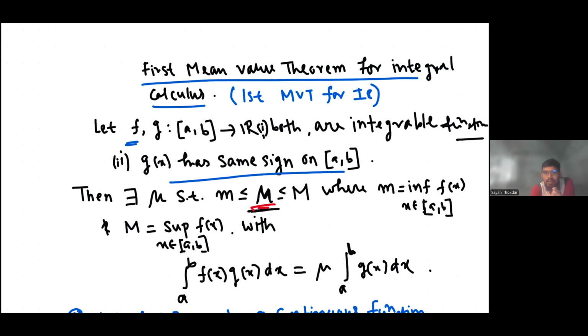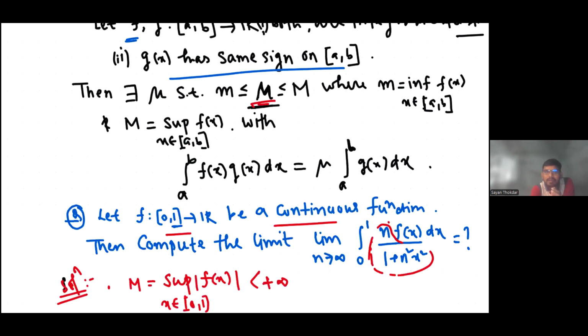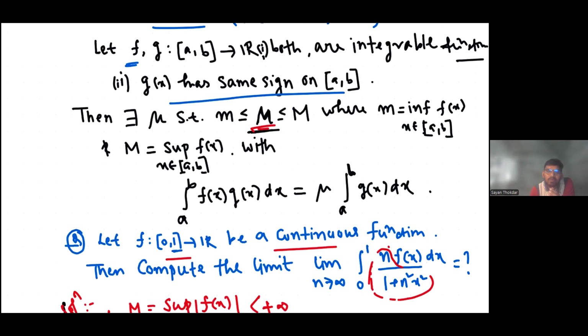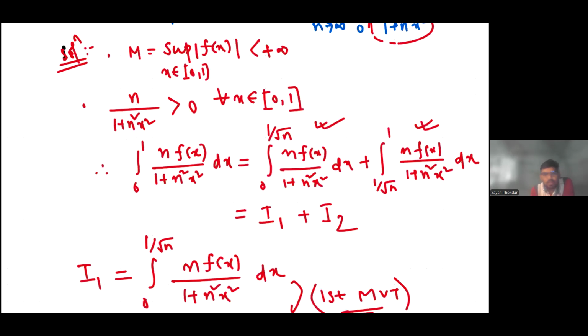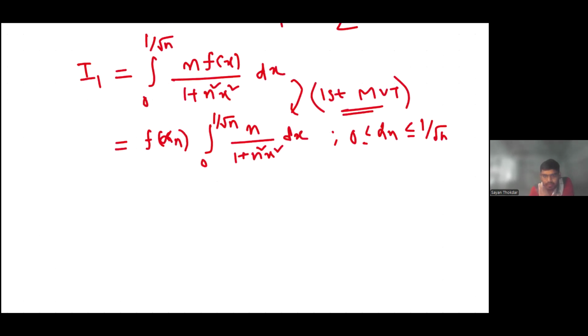And that mu is attained because of the continuity of f. So that mu is attained due to alpha n. Okay, for a fixed n, I am getting a defined alpha n.